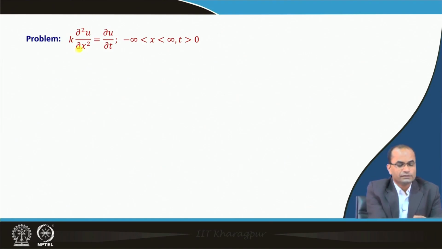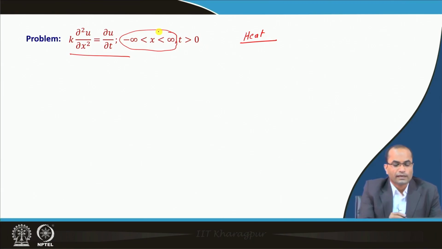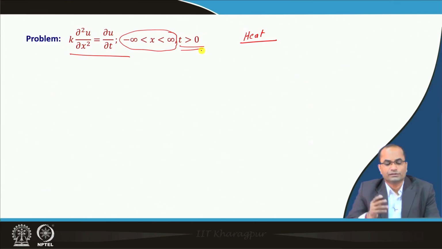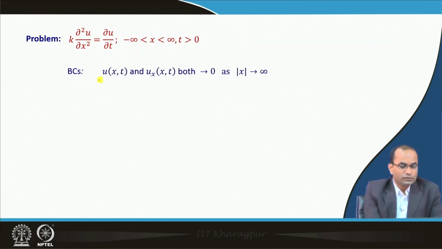So, we have here the heat equation. First we are considering the heat equation given in the domain from minus infinity to infinity. So x is given from minus infinity to plus infinity, and then we have time, which is positive, and there is more information here.